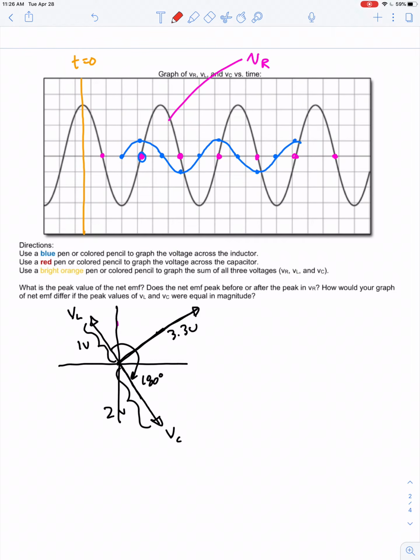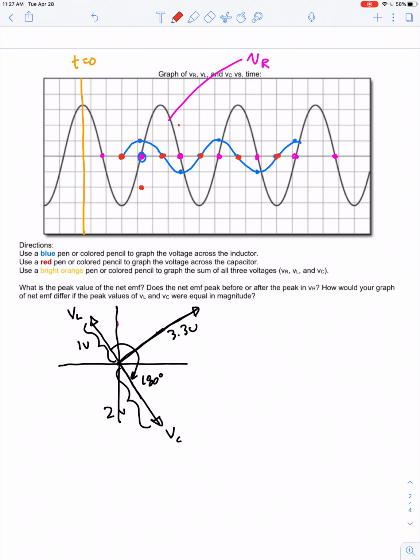So let's draw in the behavior for the capacitor. Well, it shares its zeros with the voltage across the inductor, and then it's 180 degrees out of phase. So when the voltage across the inductor is the most, the voltage across the capacitor is the least, and vice versa. In our example, that's a 2-volt value.